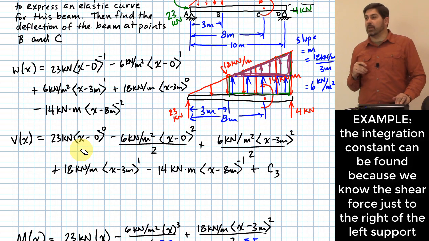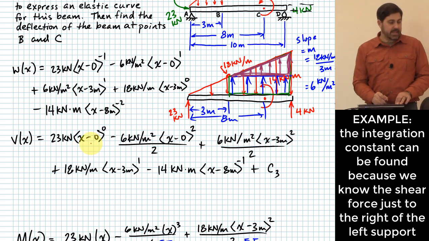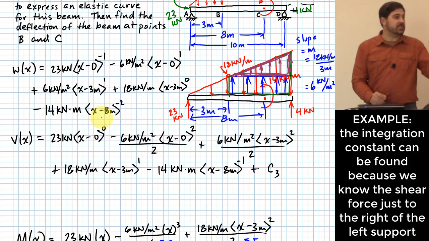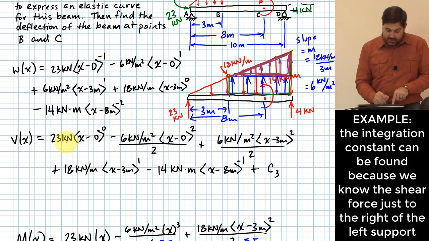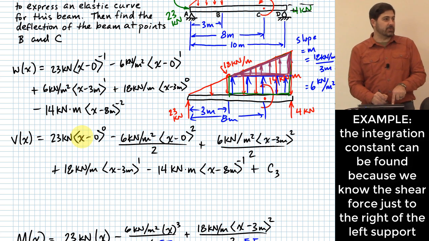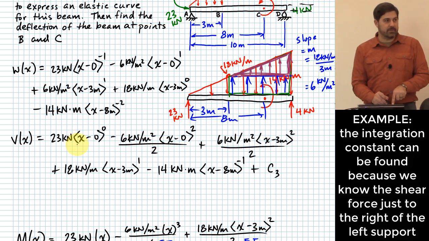All right, if it's 0 plus, now what does this term become? As long as what's in the brackets is not 0, anything that is not 0 raised to the 0 is actually 1, right? So I'm going to say as long as x is just a little bit more than 0, then this term becomes 23 kilonewtons. Agree with that?